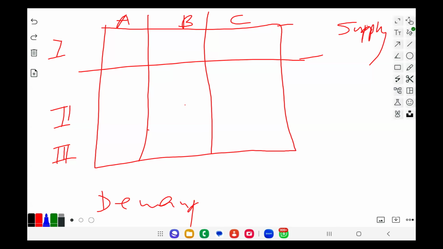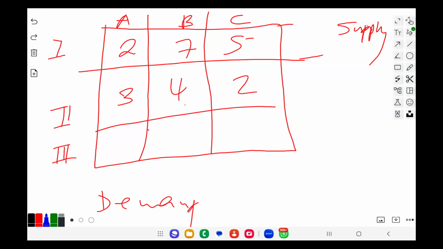We have demand. So from source number one, we are supplying, let's say, 2 units, 7 units, 5 units. You have 3 units, 4 units, and 2 units here, and you will have 5 units, 4 units, and 7 units.